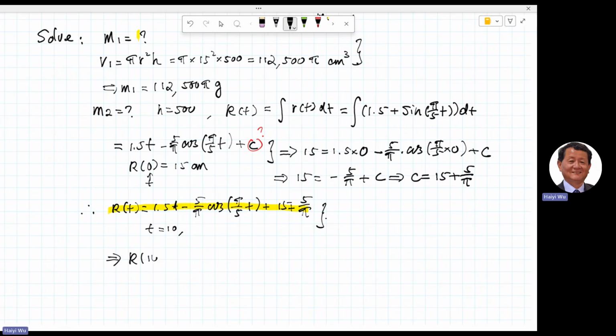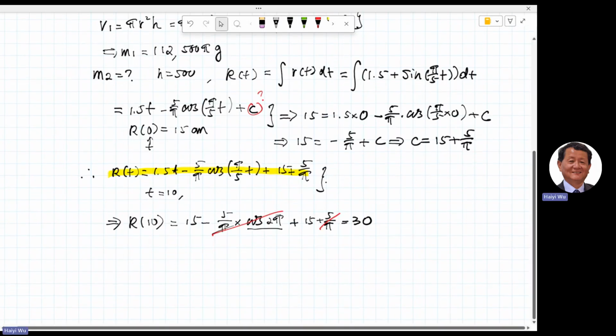When t is 10, it will be 1.5 times 10, so 15, minus 5 over pi times cosine 2 pi, plus 15 plus 5 over pi. Cosine 2 pi is equal to 1, so those two cancel. So the answer will be 30.